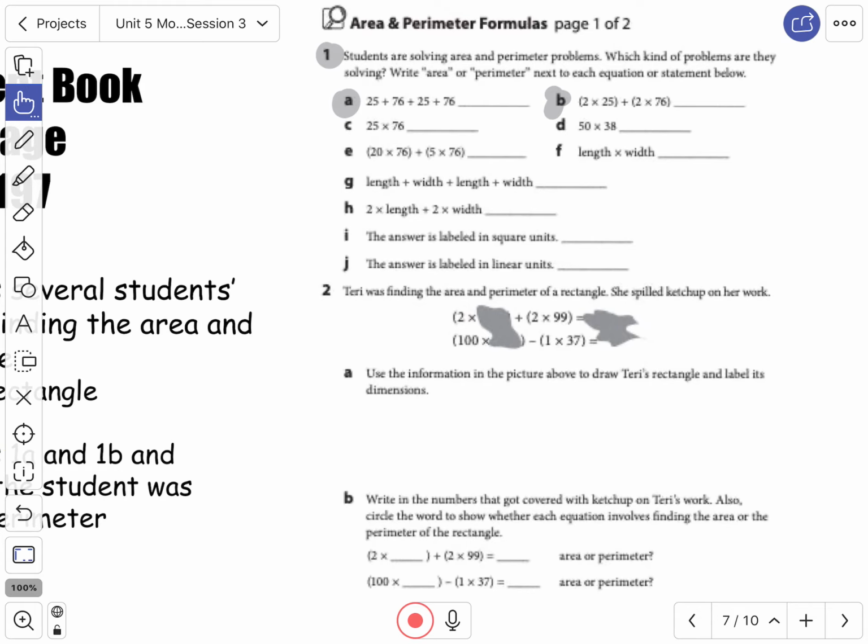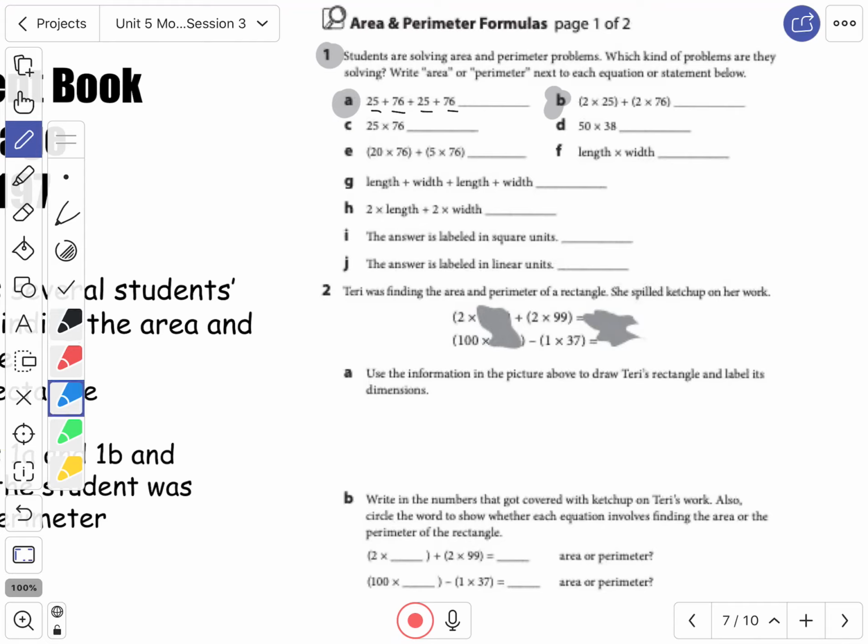Okay, sorry about that. All right, so students are solving area and perimeter problems. What kind of problems are they solving? Write area or perimeter next to each equation or statement. Okay, so for A, if you've got 25 plus 76 plus 25 plus 76, definitely solving for perimeter, right?